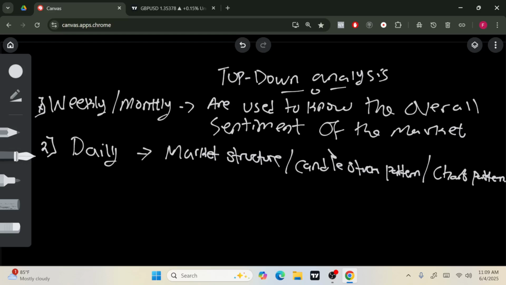Are we following? On your daily, you are checking out market structure, candlestick pattern, chart pattern.